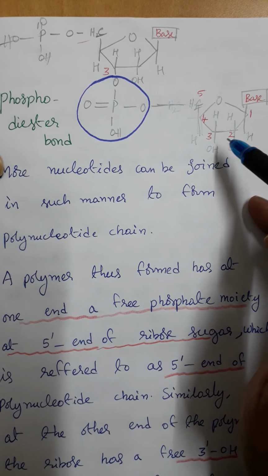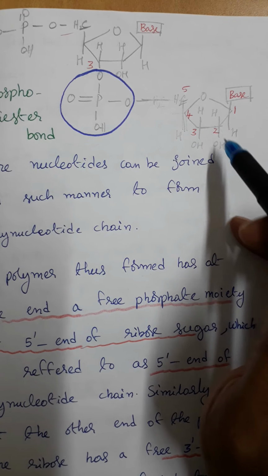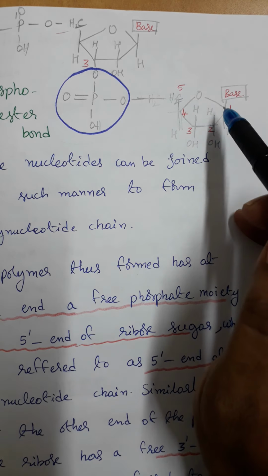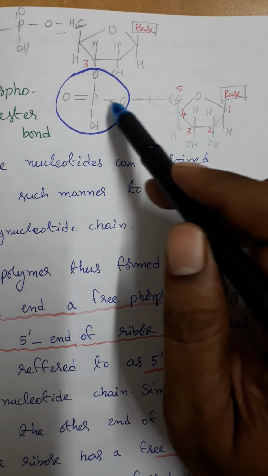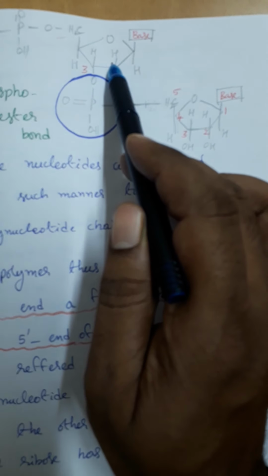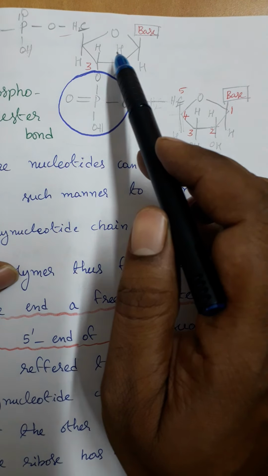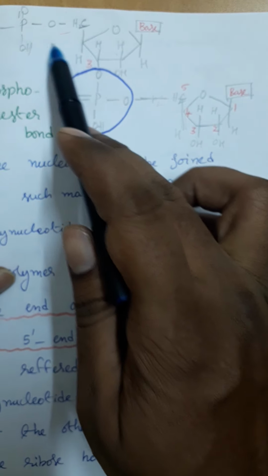Look at this chemical structure of one nucleotide: nitrogen base, sugar, phosphate. Then another nucleotide: nitrogen base, sugar, phosphate.